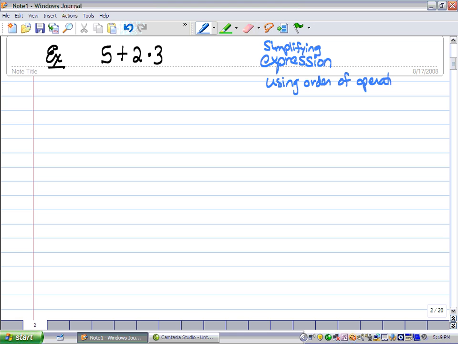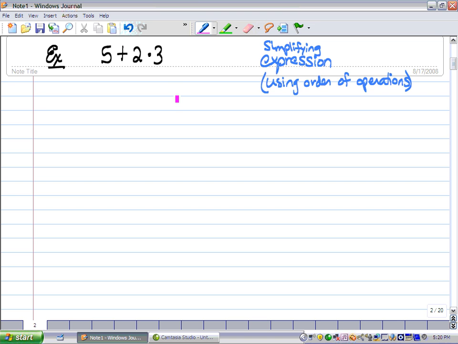So basically, we're going to simplify expressions, and later on we'll be solving equations. So here we're simplifying this expression. I see in it addition and multiplication.